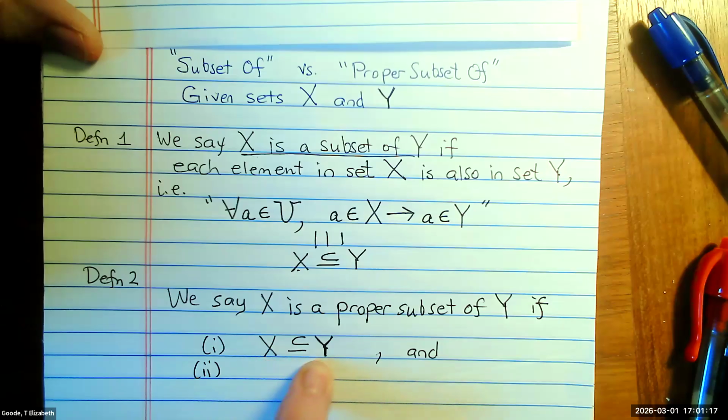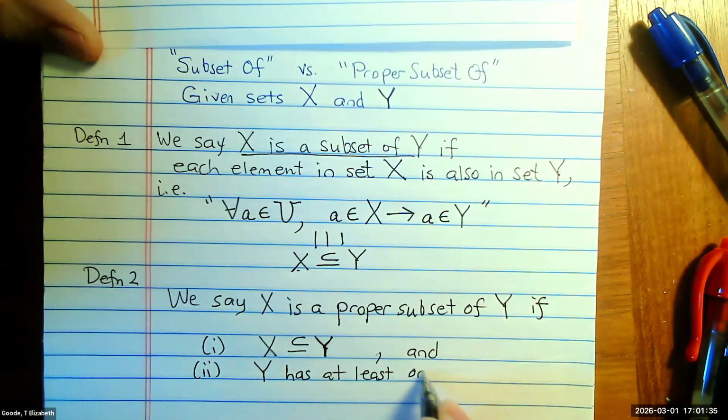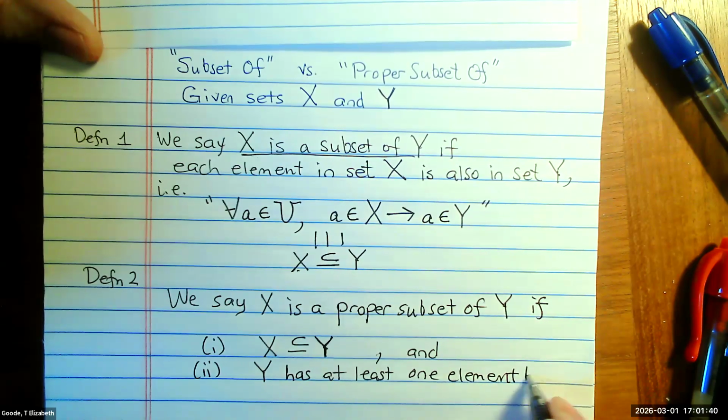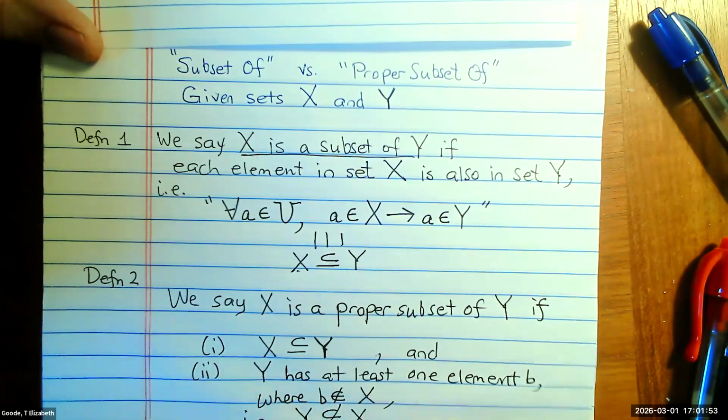Everything that's in X is an element of X. But X is not a proper subset of X because X cannot have more elements than it has. So here, the second property is Y has at least one element b, where little b is not in X. So another way to think about it is Y is not a subset of X.